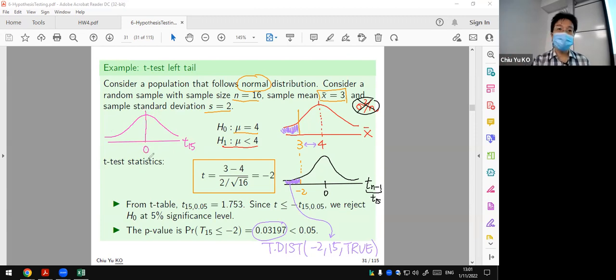So this is 0 here, and you want to find the alpha. This is very small, alpha. Then later you compare it to -2. See if -2 is in this area or in this area. So first we find T15 alpha.